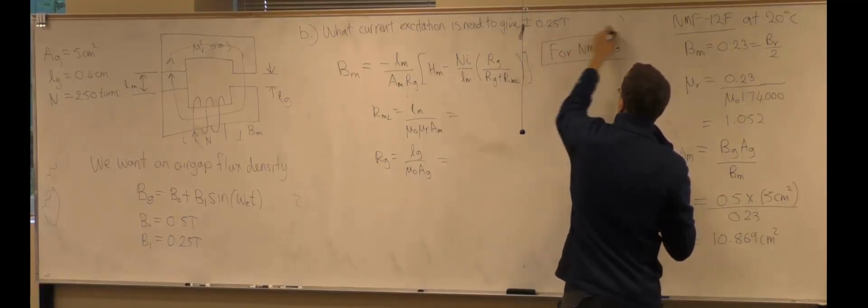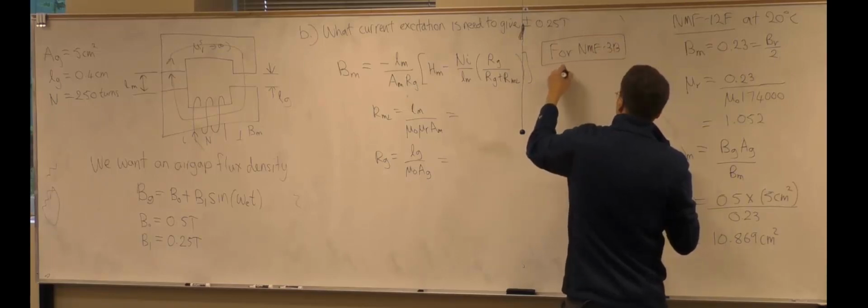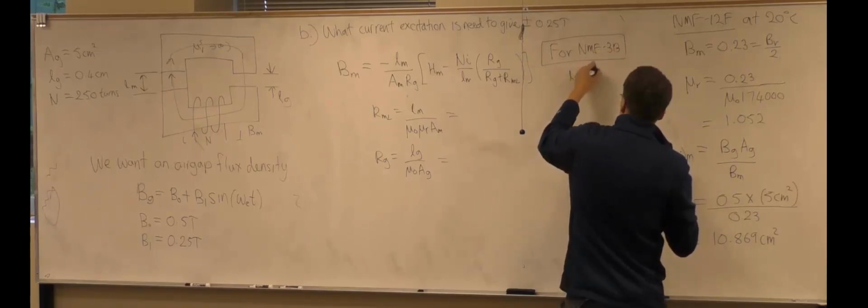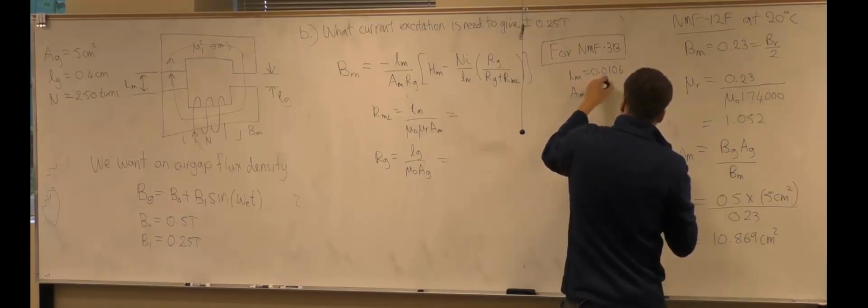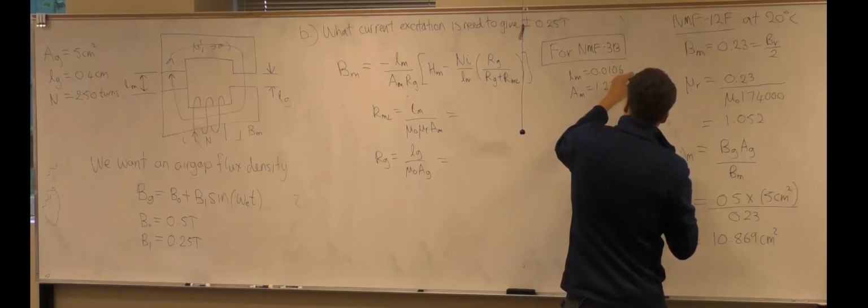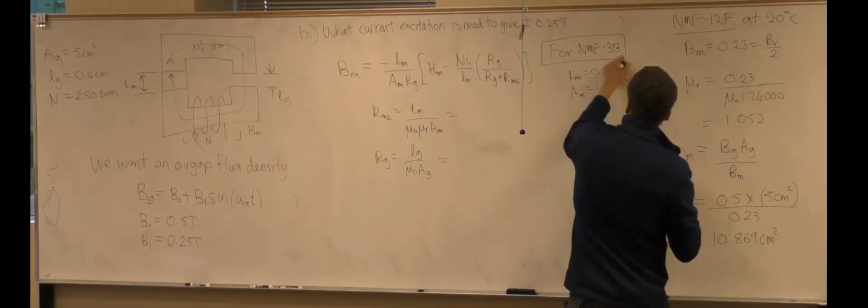So for that one, we had the Lm being 0.0106, and the area of the magnet being 1.2255 times 10 to the minus 3 meters squared.